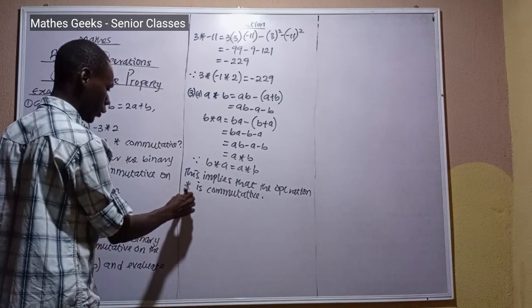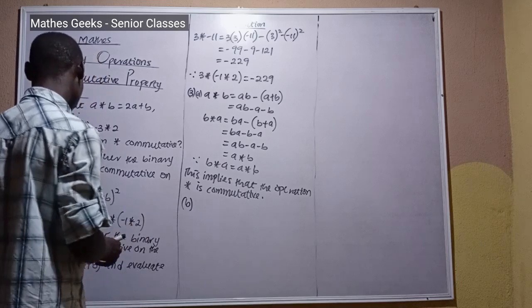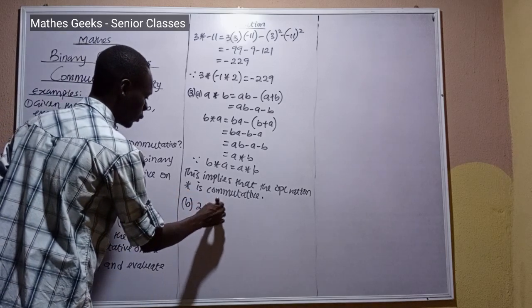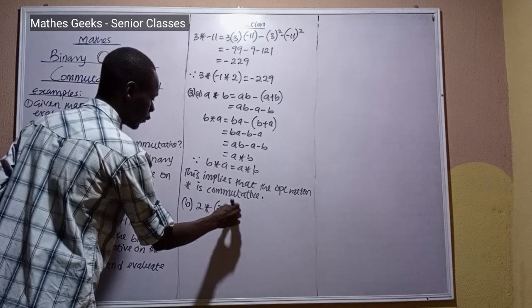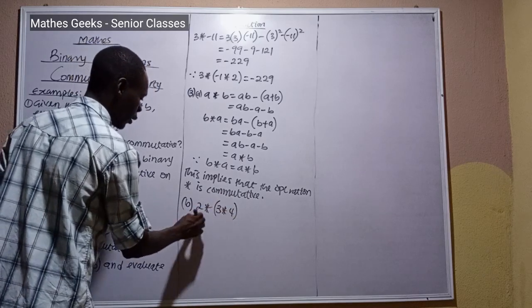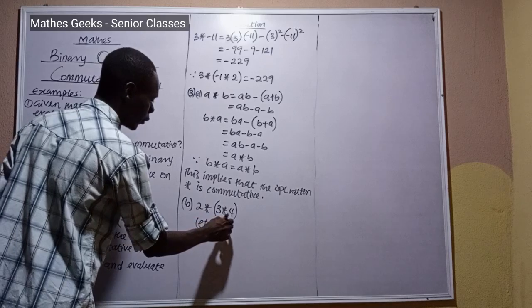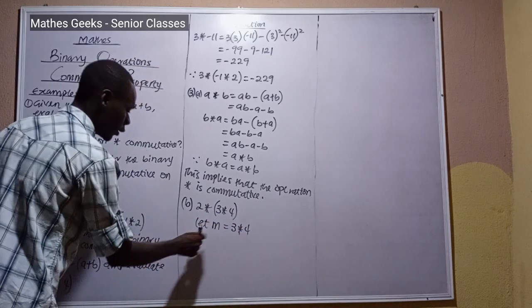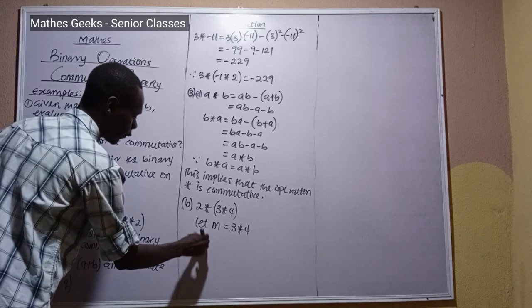Next, so we get B. So this is 2 star 3 star 4. So let's simplify this part. Let's call it N. Let N equal 2 star 4. So let's evaluate N, 2 star 4.